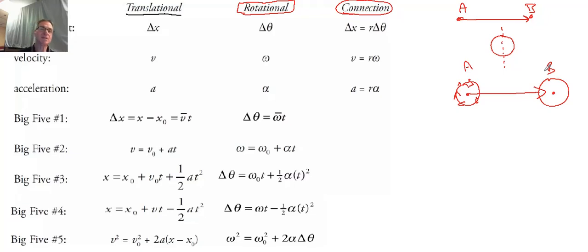So let's look at some of these connections. The first one is one that I've just mentioned, and that is the relationship between x, linear displacement, and theta, which is an angular displacement. And the relationship is x, or sometimes we use the letter s, is equal to r, the radius, times theta, or the change in theta.